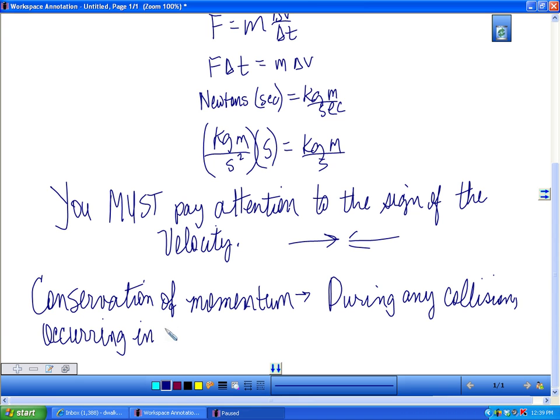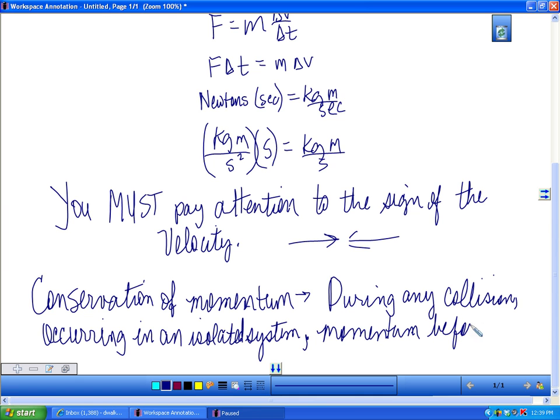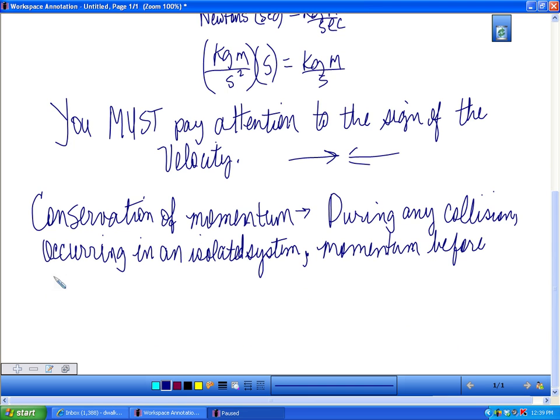Occurring in an isolated system. And we'll define an isolated system in just a second. Momentum before the collision must equal momentum after the collision.